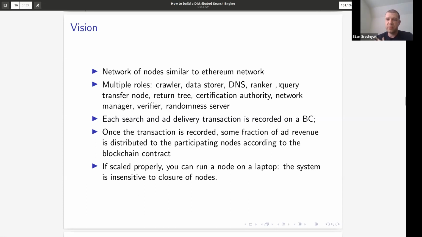All of these further roles have to do with how queries are being served. Now, since it has to be trustless, we have to prevent collusion between nodes, and for this purpose we will have randomness servers, and what this means I will explain in a moment.